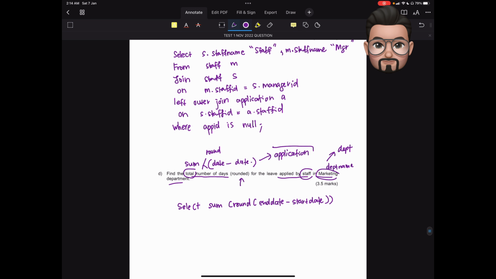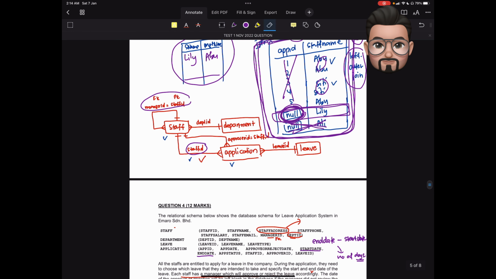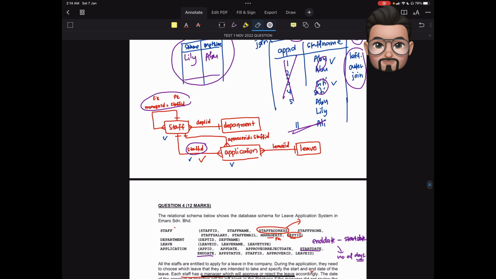We want data from these two, application and department. Let's delete this one. Based on our schema over here, application is here, department is here.